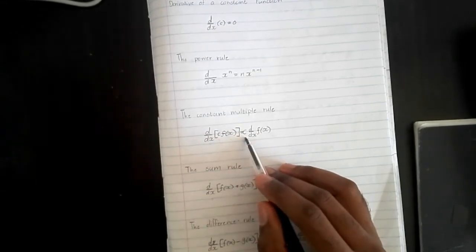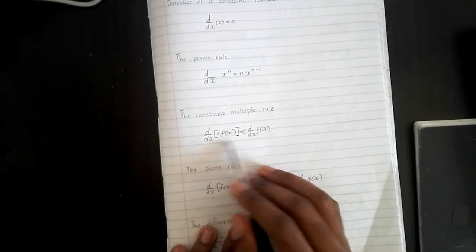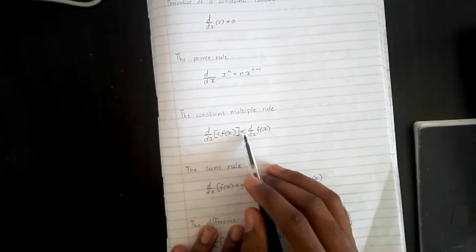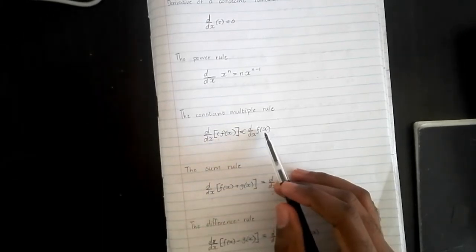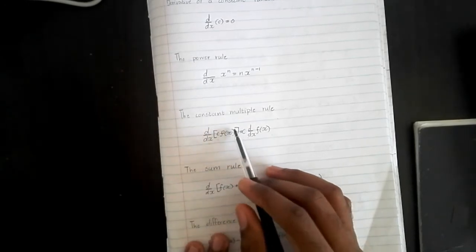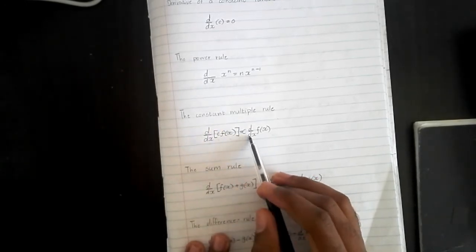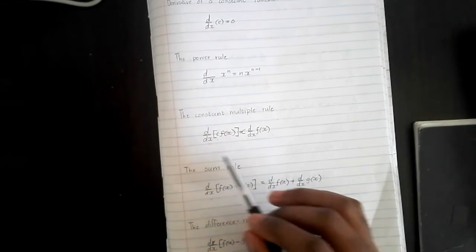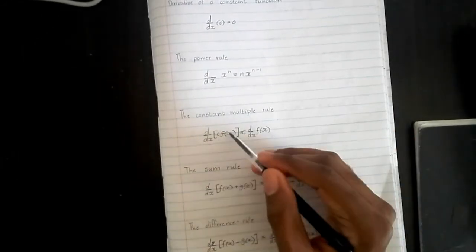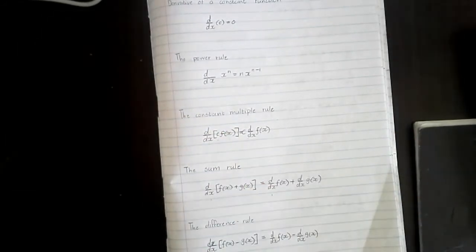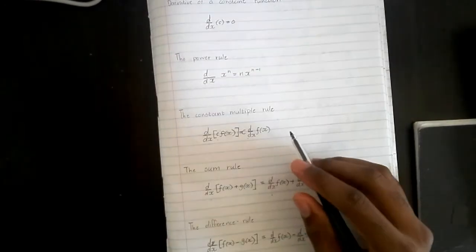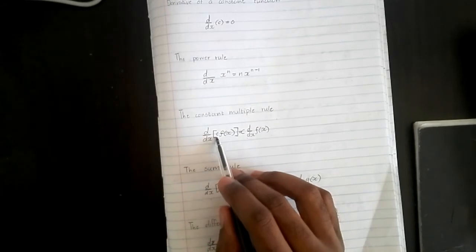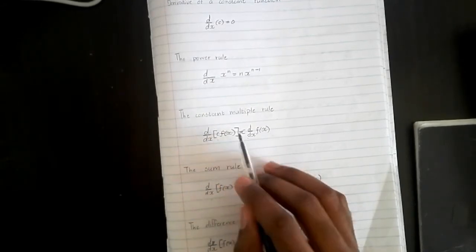Our c here is a constant, so what it's really stating is that you can remove the constant out of the function, get the derivative of the function, then multiply the constant back to get the answer, because the constant here does not affect the function.